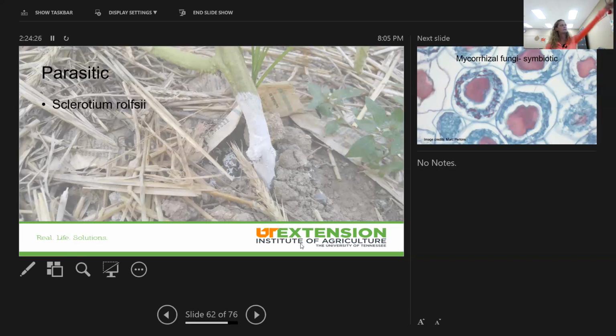I thought my pointer was working, but the white mycelium around the base of that plant means that whole plant needs to be pulled, and as much of the soil that you can dig up around it, or that southern blight fungi is going to stay in the soil. And so if you had tomatoes that got affected and you planted peppers the next year, you're likely to get southern blight again because they're in that same family, or potatoes or eggplant. And so this is one of the reasons that we rotate crops, because these have specific hosts.